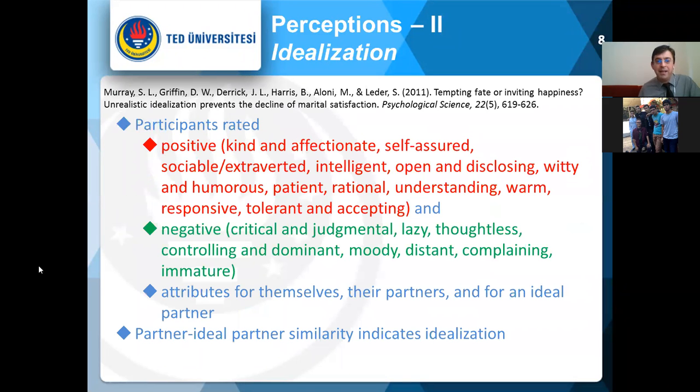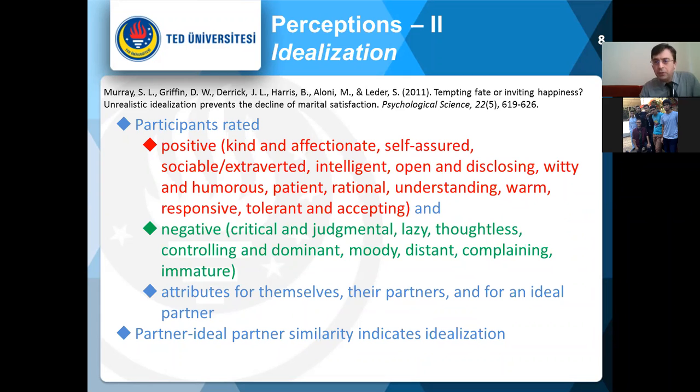Okay. In another study about the idealization process, different kinds of personality characteristics were measured to understand this process. In this study, participants rated positive and negative qualities, both for themselves, their partners, and for an ideal partner.